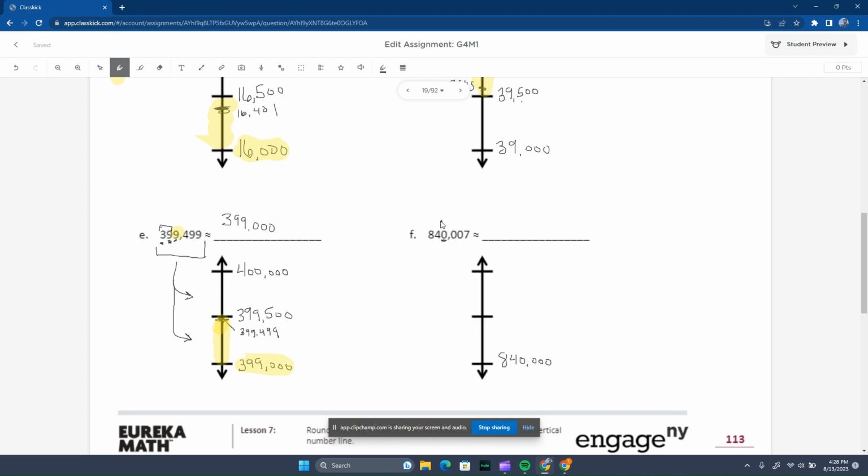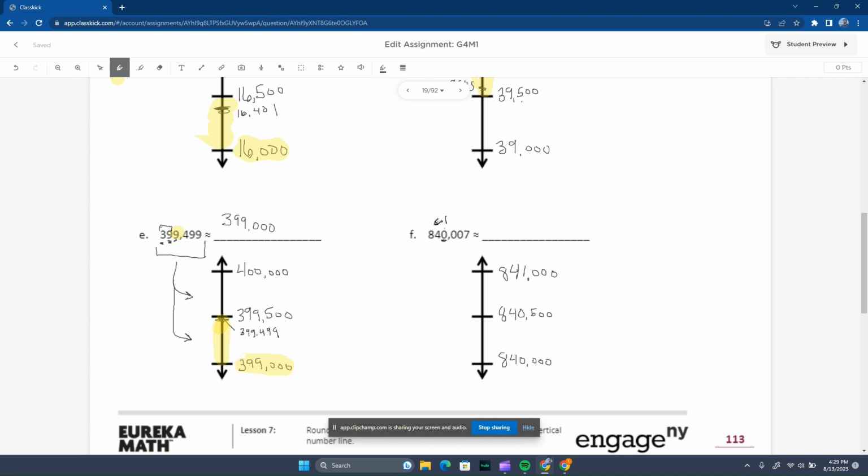So we just add 1 to this digit here to make 841,000. So halfway in between 840,000 and 841,000 is 840,000 and 5 extra hundreds.